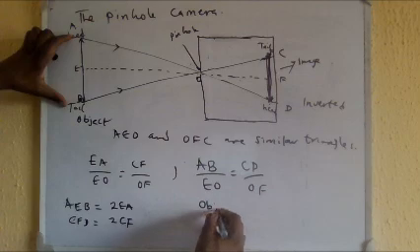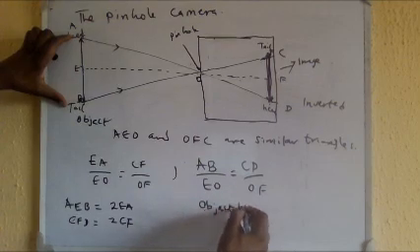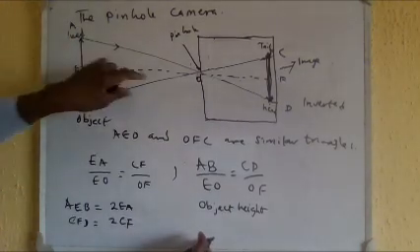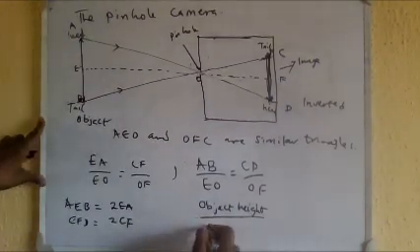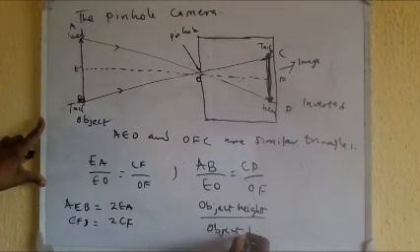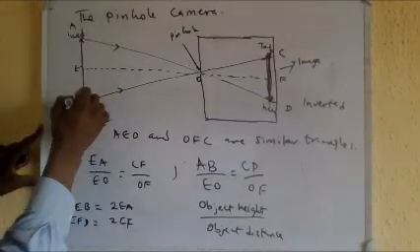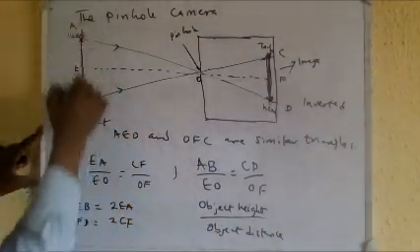And EO is the object distance. Look at that, I'm introducing some terms now. AB, object height of the object.